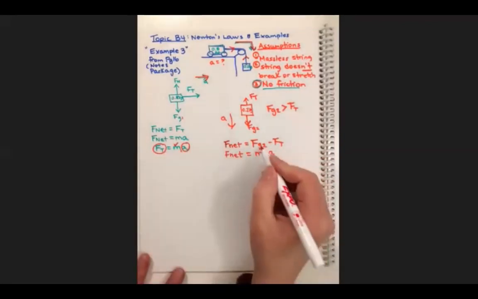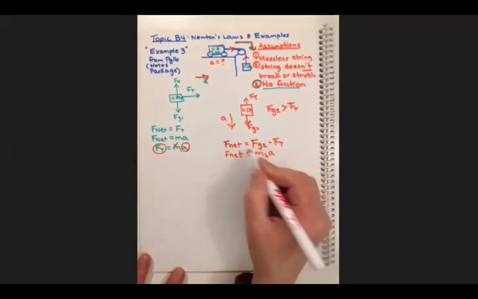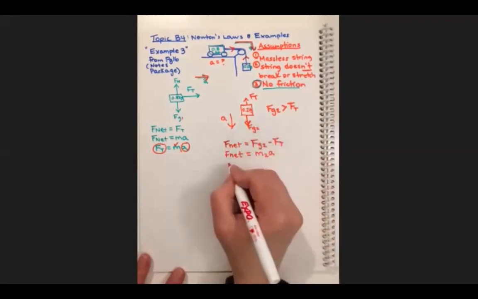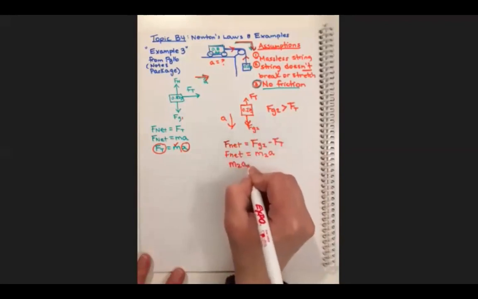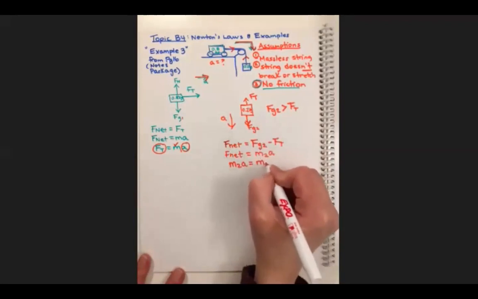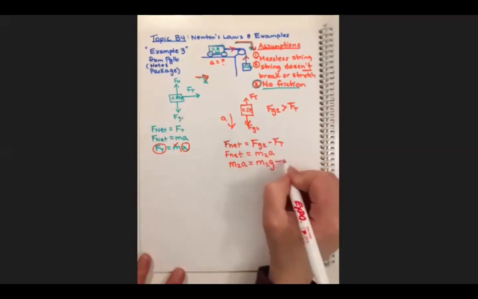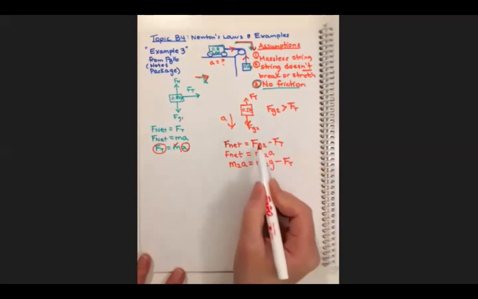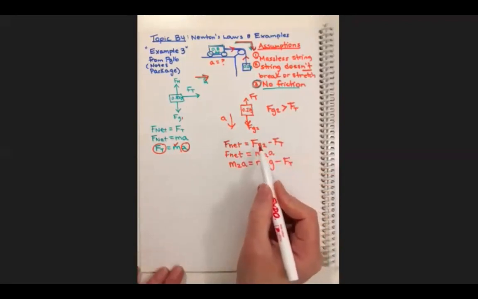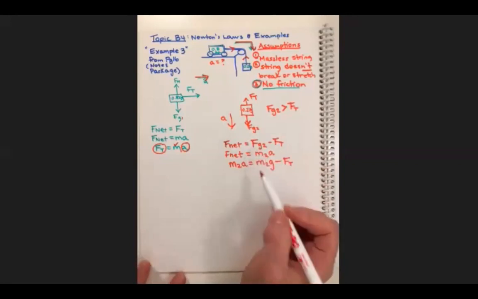I can see these are two statements for the net force on object 2. Therefore, they are equal to each other. m2a equals Fg2, which is equal to m2g, minus Ft. So Fg equals mg just based on our equation for Fg with objects that are near Earth's surface.